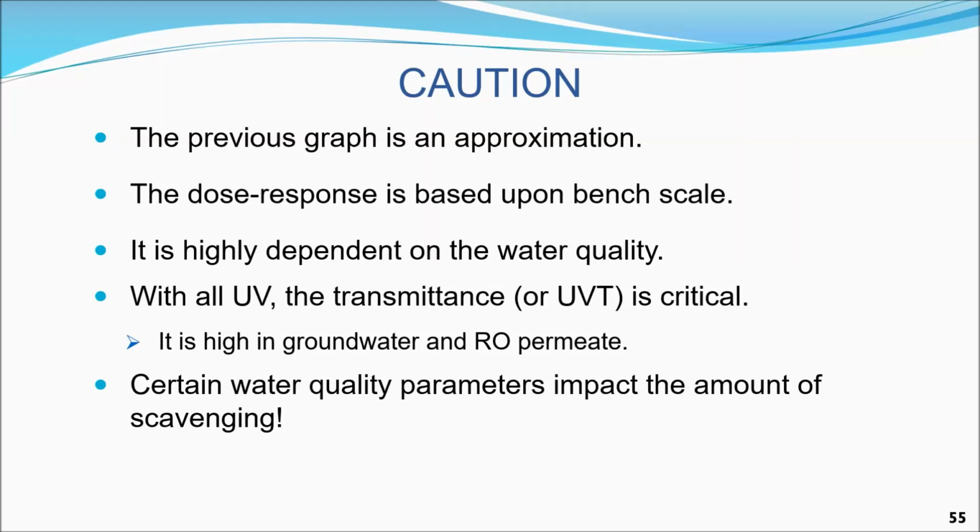And the actual dose is highly dependent on water quality. As with all UV, the transmittance is very critical. And fortunately, the transmittance is typically high in groundwater and in RO permeate, so it works for our potable reuse.